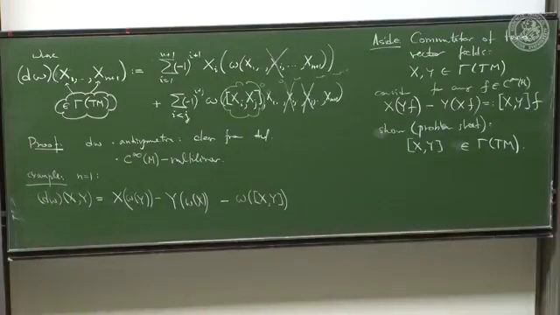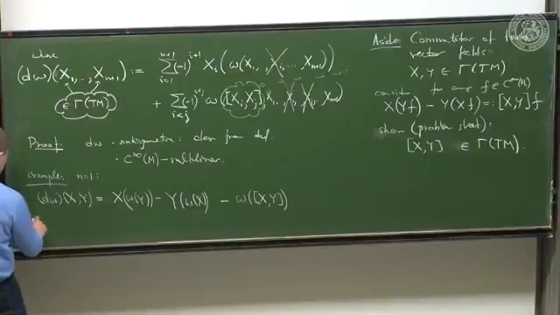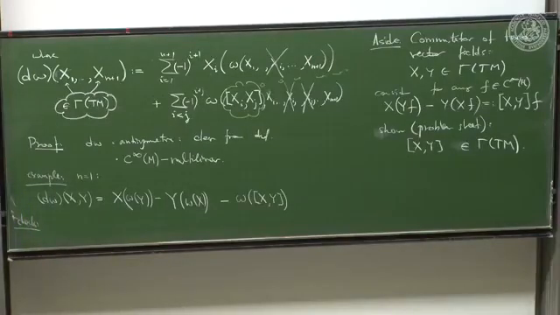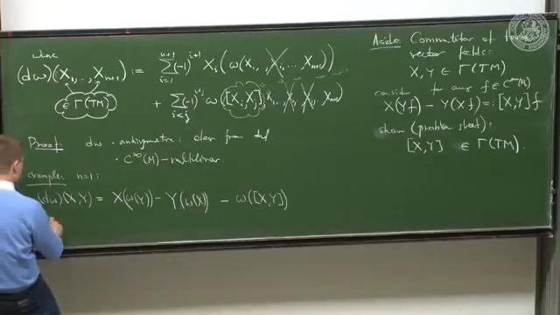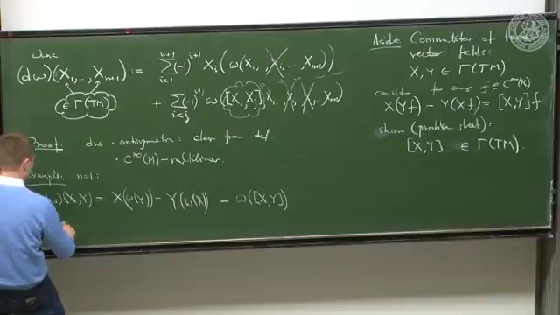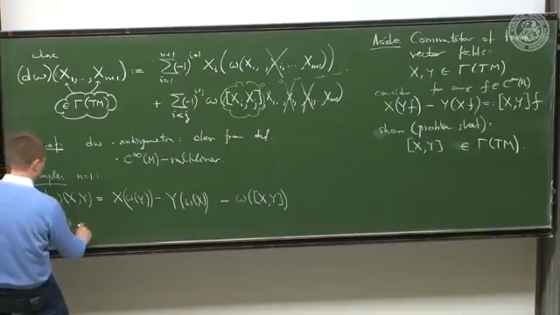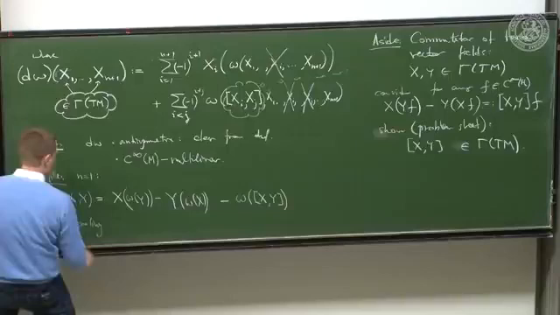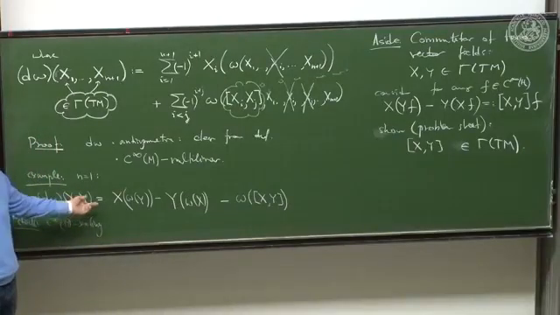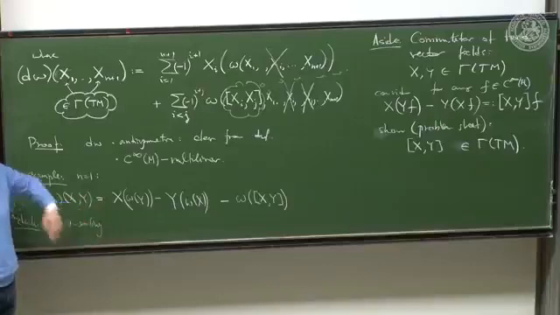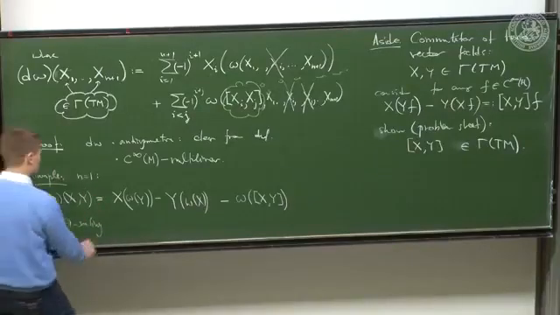Now, let's check for this particular example C infinity multilinearity. Well, additivity is obvious, so check C infinity scaling. And because it's antisymmetric by construction, it suffices to check the scaling in one entry, because then in the other entry it's obviously also there.